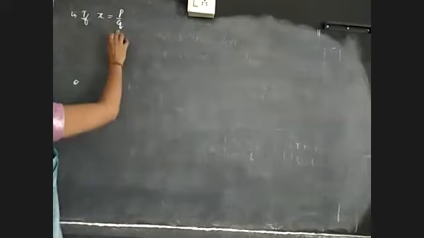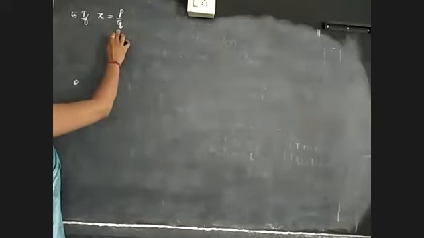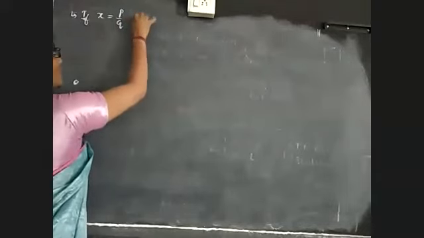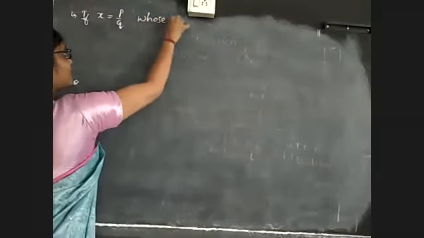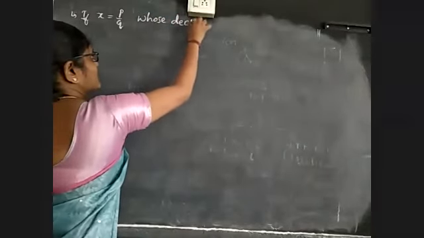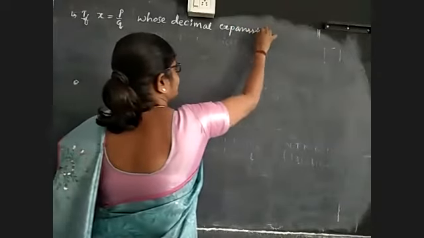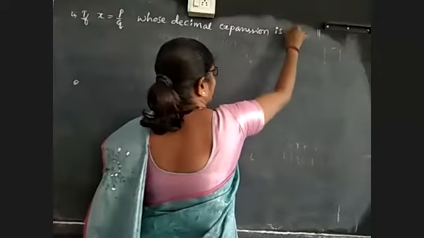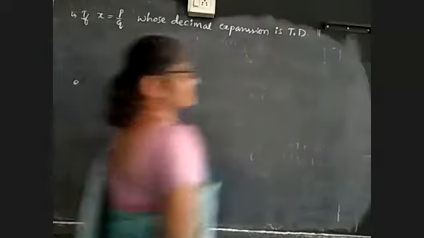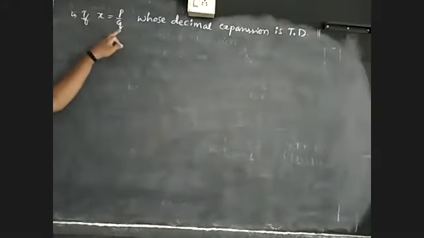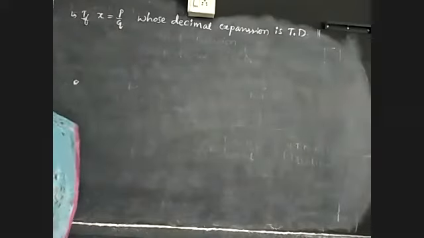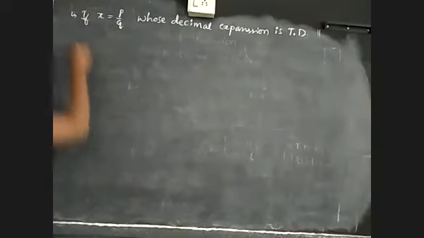Let us see. If x is a rational number with the same conditions, q not equal to 0 and p, q co-primes, and whose decimal expansion is terminating. What is the condition?